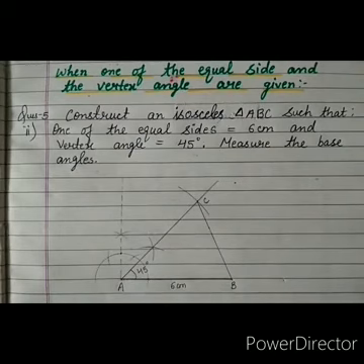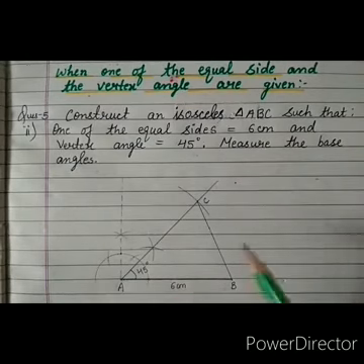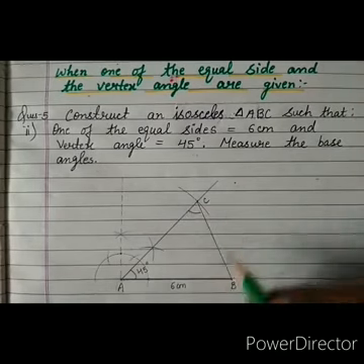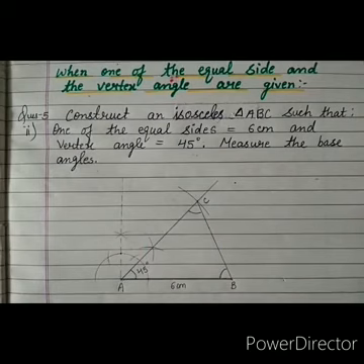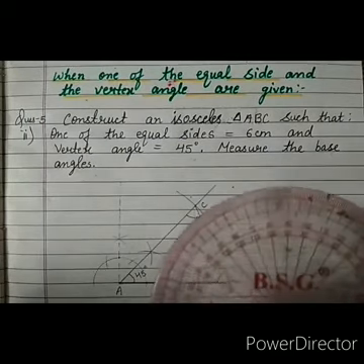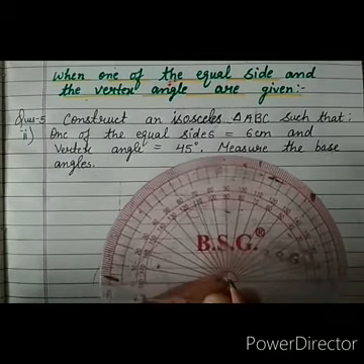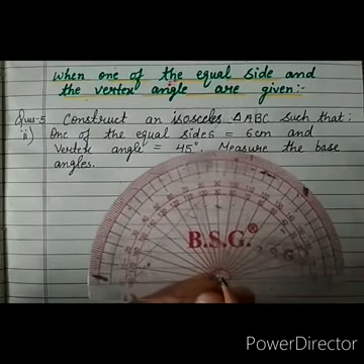Now further in the question we have to measure the base angles, that is these two angles. Because base angles are equal to one another, measure this angle with the help of a protractor. When we measure this angle with the help of a protractor, we have to remember one thing, that this point of the protractor should coincide with the vertex of the angle.